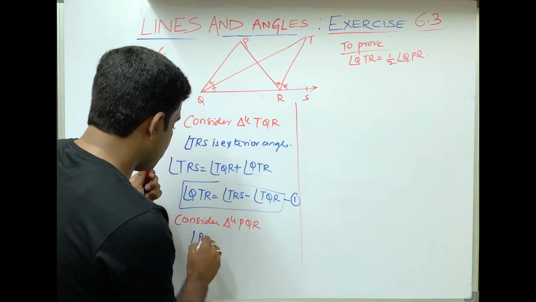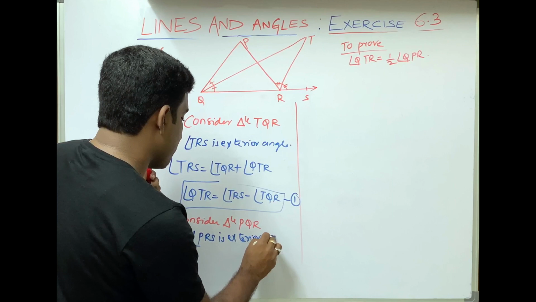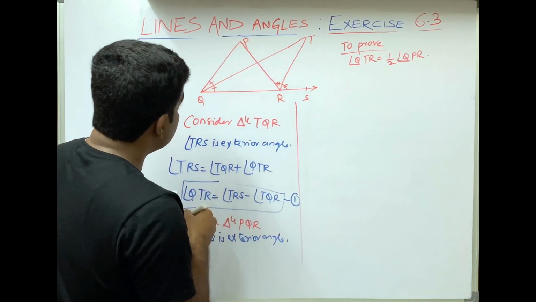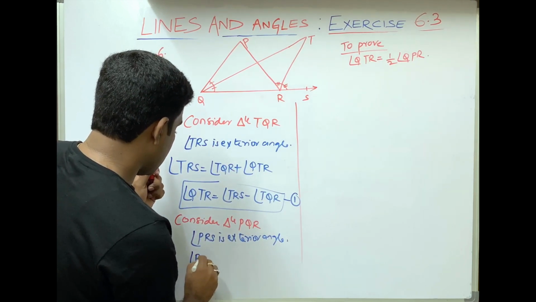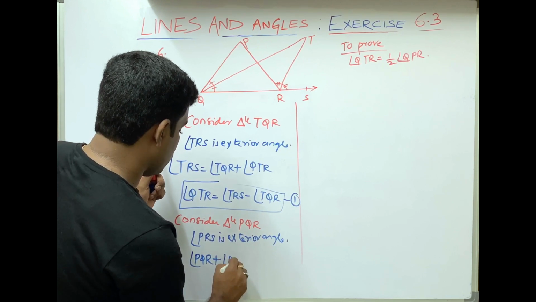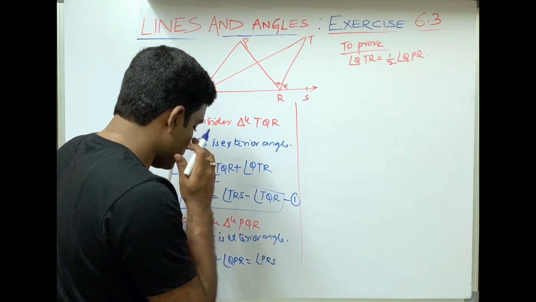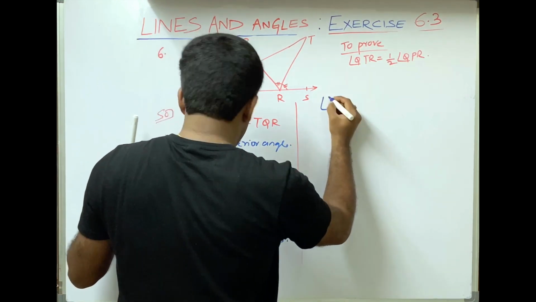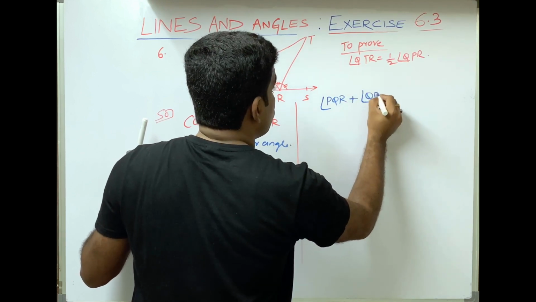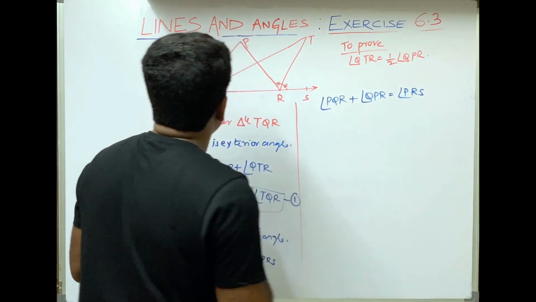Then angle PQR plus angle QPR is equal to angle PRS. I'll write it again. Angle PQR plus angle QPR is equal to angle PRS.